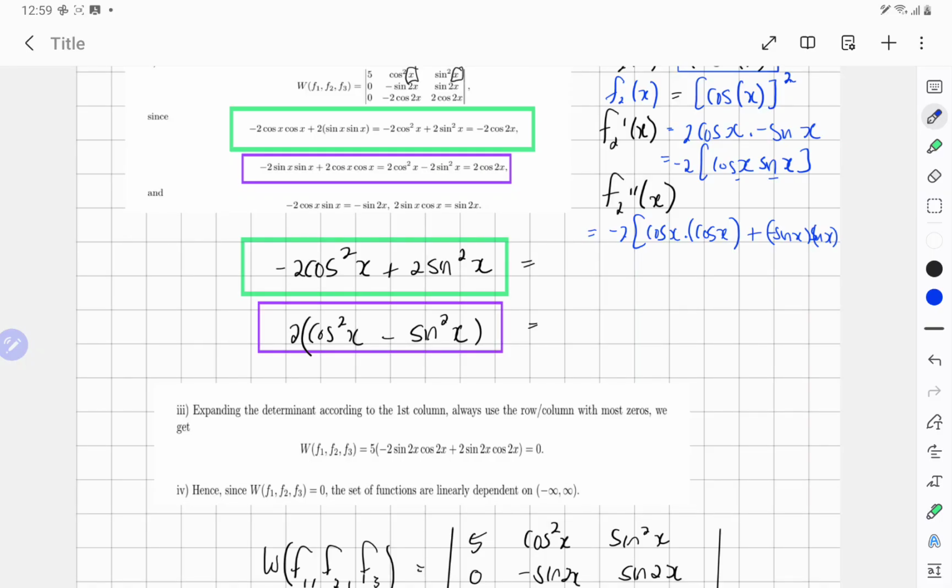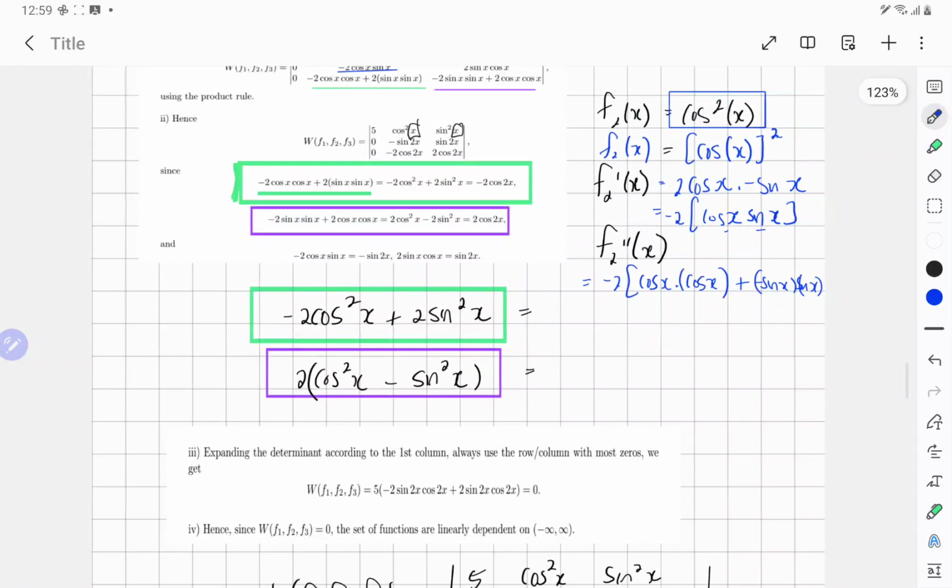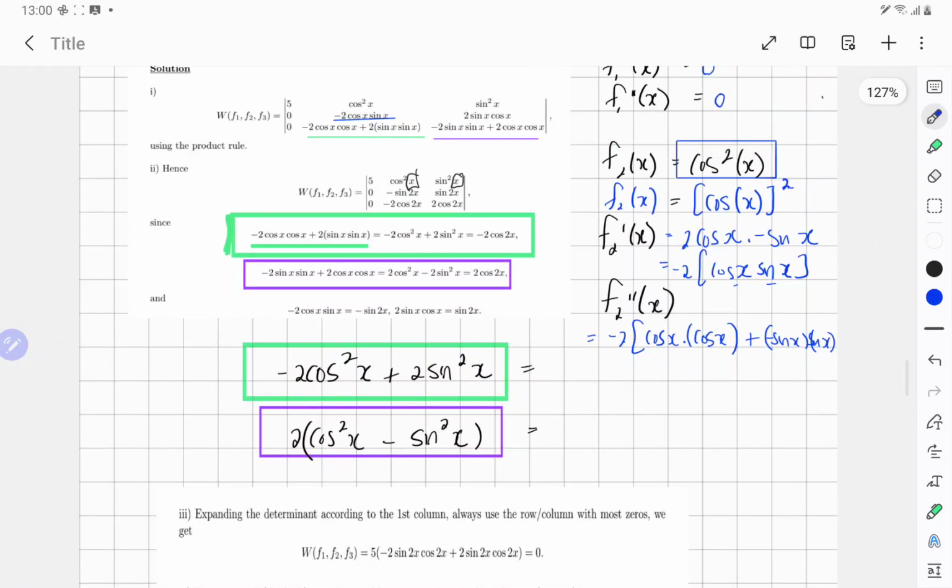So that derivative is now what I got here in my first line when I multiplied in. I'll tell you just now what I've done there when I've simplified it. So that is my second derivative for f2.